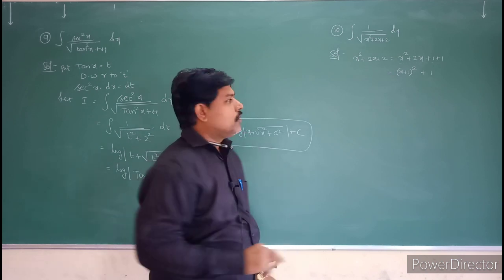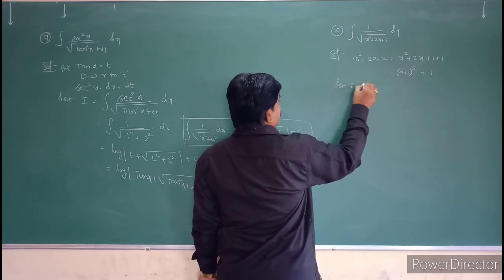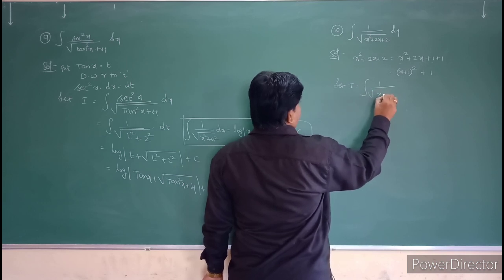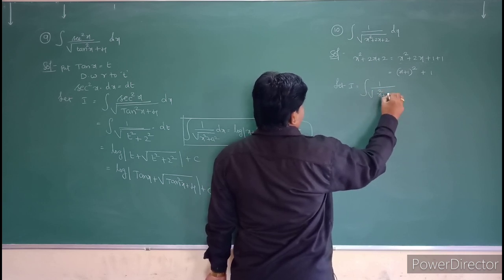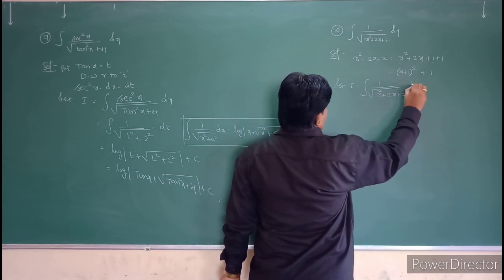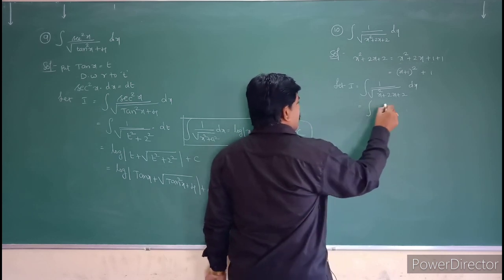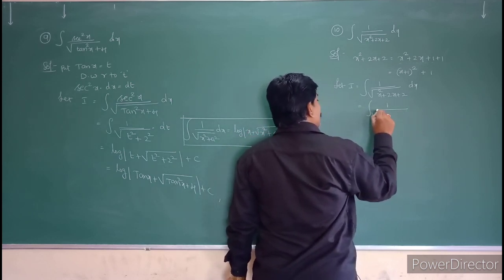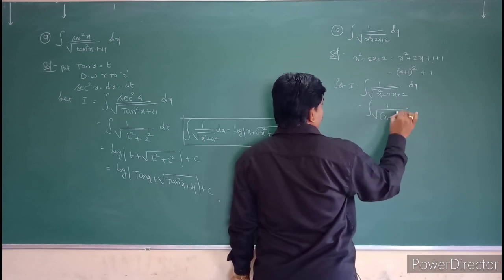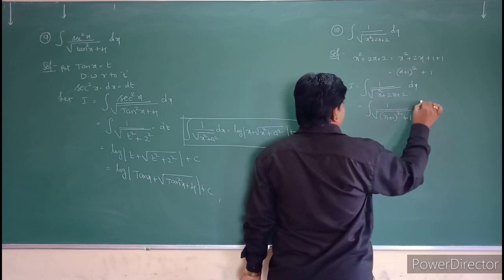Then take the problem. Let I is equal to integral of 1 by root of x square plus 2x plus 2 into dx. So that is equal to integral 1 by root of x plus 1 whole square plus 1 into dx.